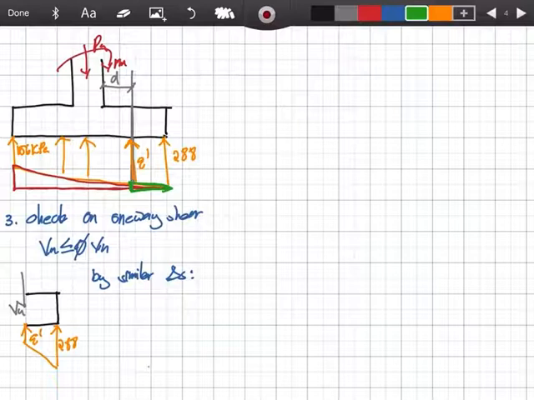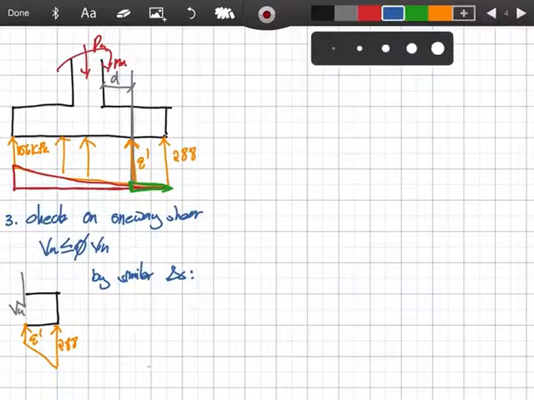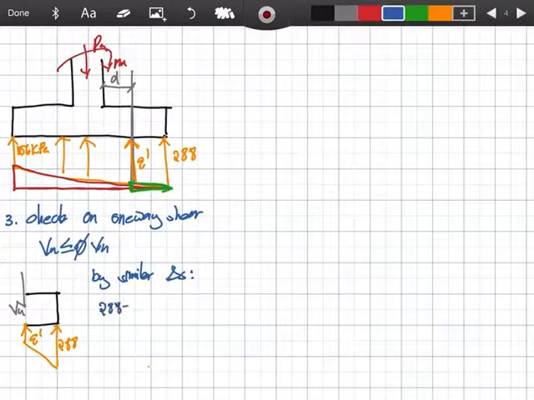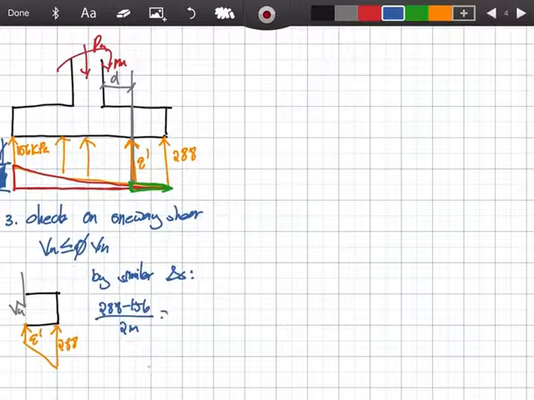So, ano yung height ng big triangle class? Ang height niya ay 288 minus 156. Ito yung height, 288 minus 156 yung nasa taas, over ang base niya, yung buong length natin ay 2 meters. It is also equal to this small triangle natin na meron siyang height na 288 minus Q prime over, ano ang kanyang base?